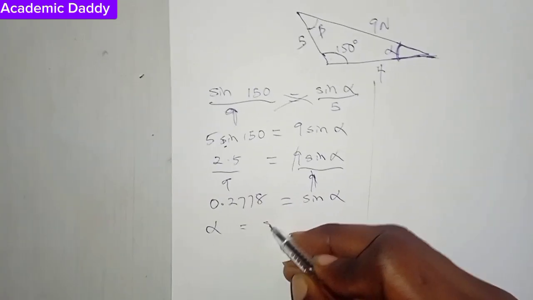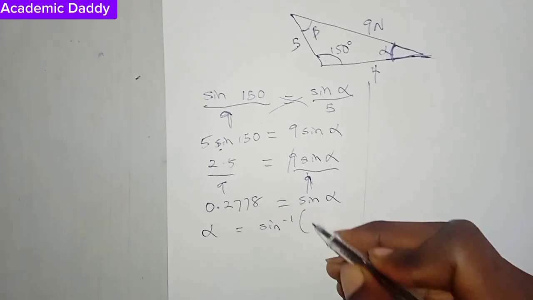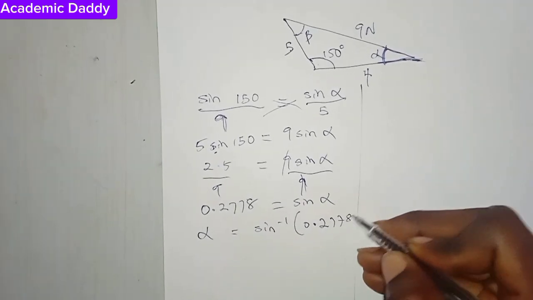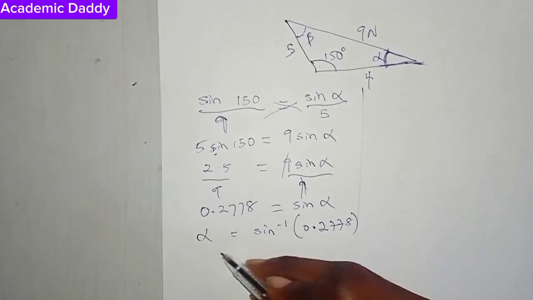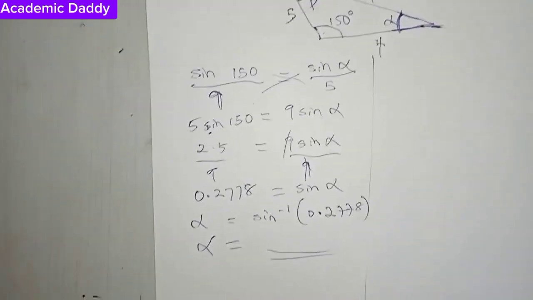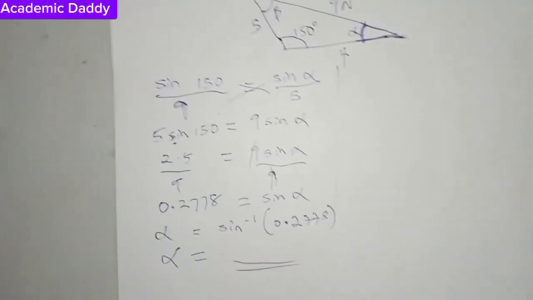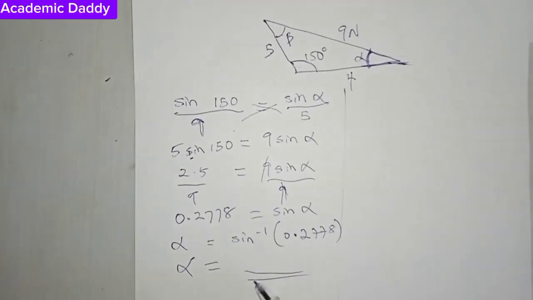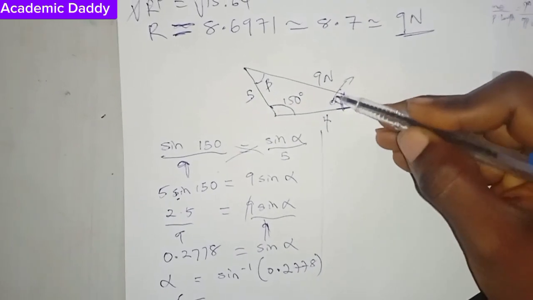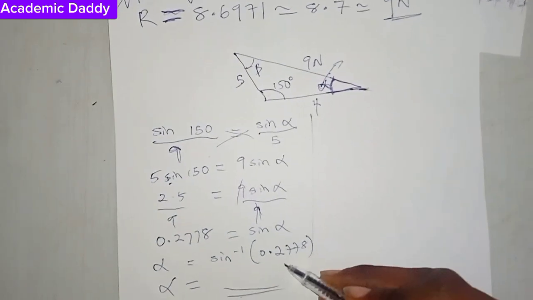So alpha will be equal to sine inverse of 0.2778. So I'm now with my calculator, and whatever you get here is the angle in degrees.